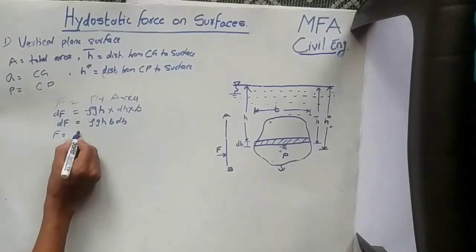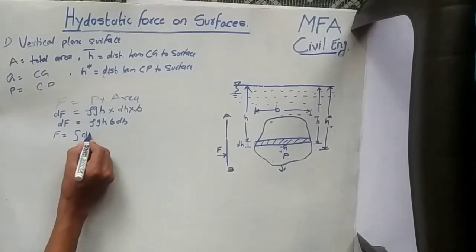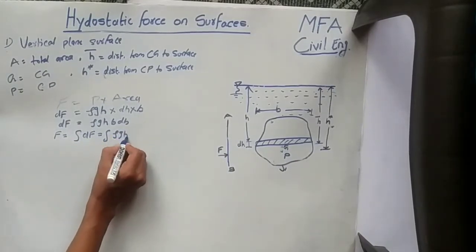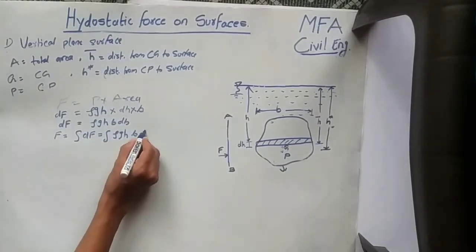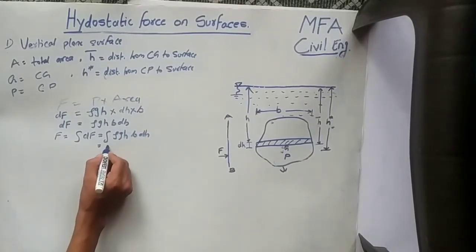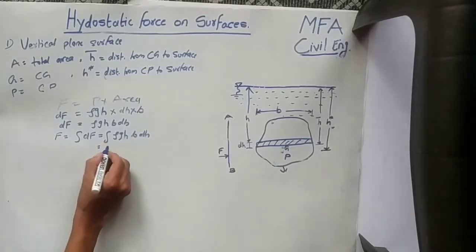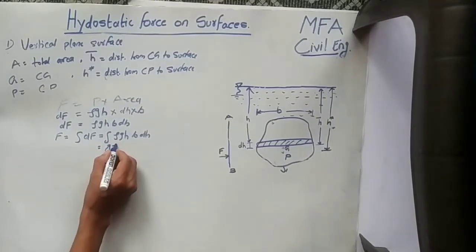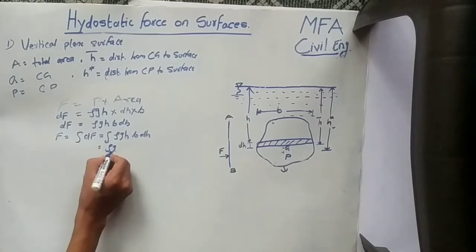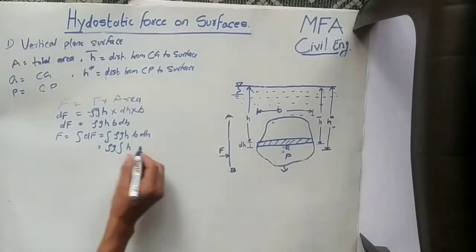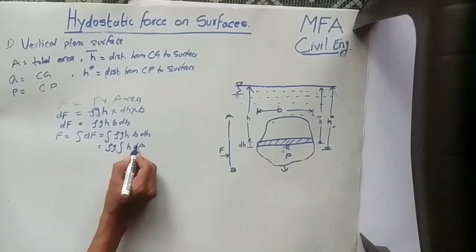The total force is equal to the integration of dF, which is the integration of rho g h b dh. Rho g is a constant for the fluid, so it goes outside the integration: rho g times the integration of h into b dh, where b dh is the area of the strip, dA.